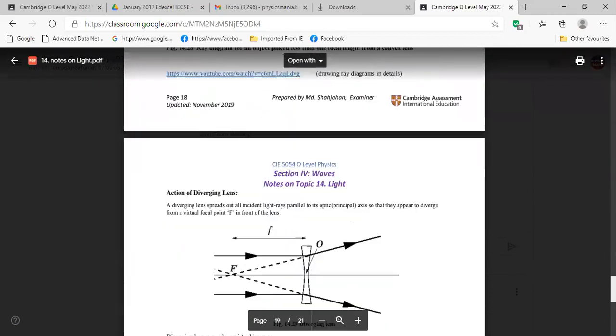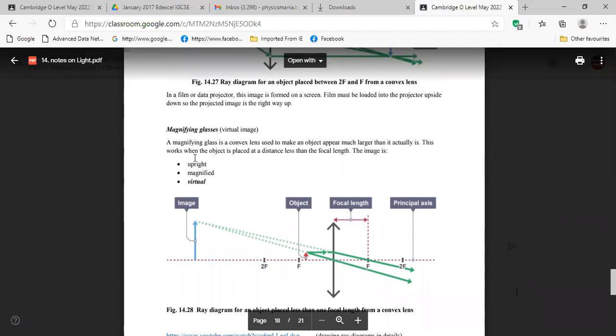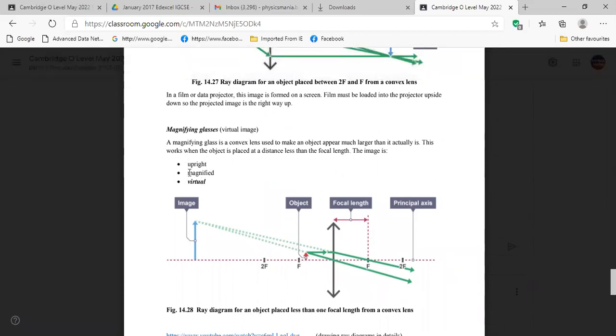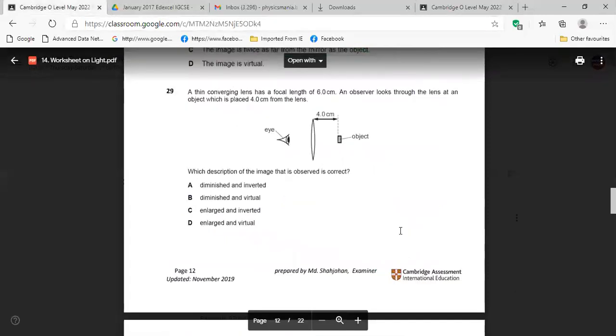So for the third one, the object is very close to the lens. Then we are getting the image upright, magnified, virtual, right? Then you check your answer now.